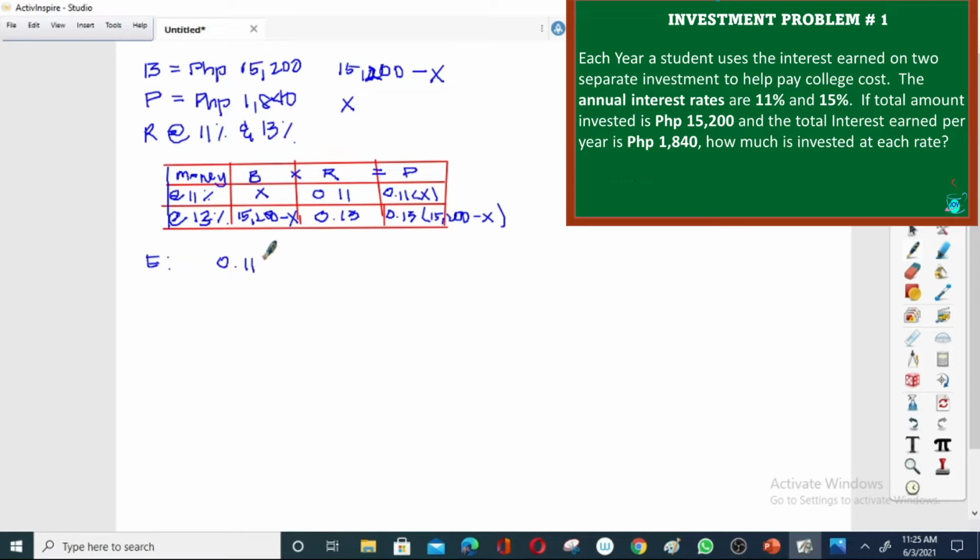We will make a table: 0.11 multiplied by X plus 0.13 multiplied by 15,200 minus X is equal to the earnings, which is given, 1,840.